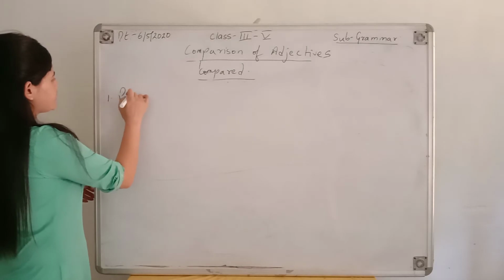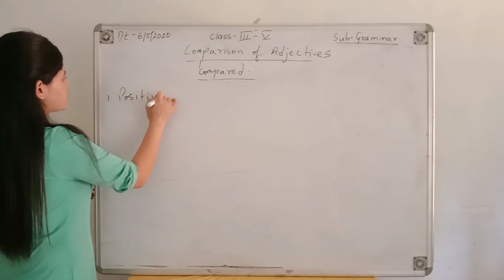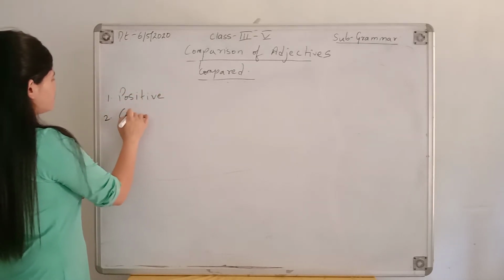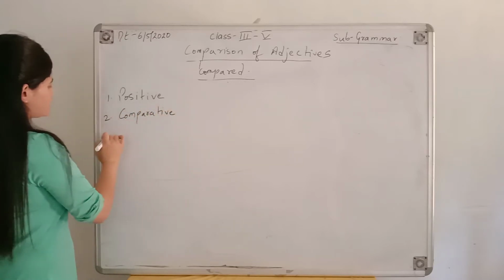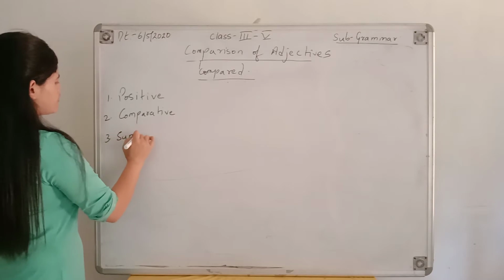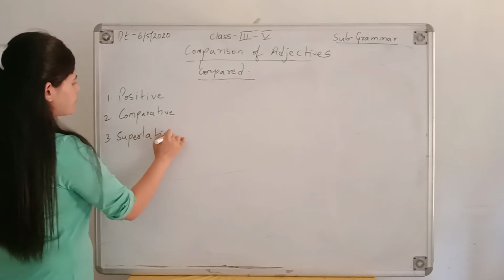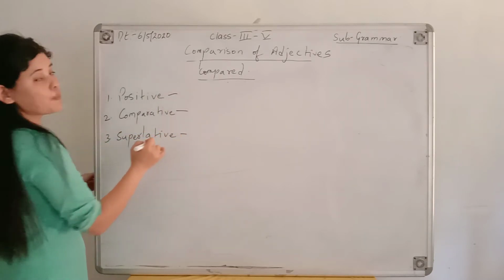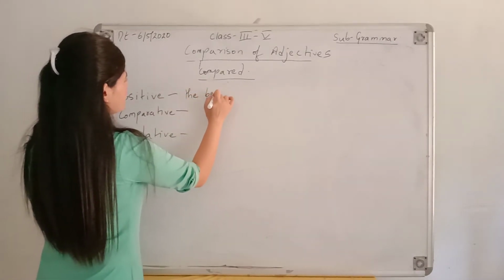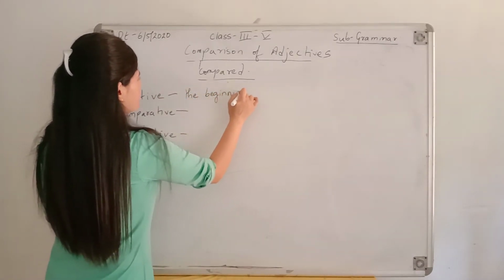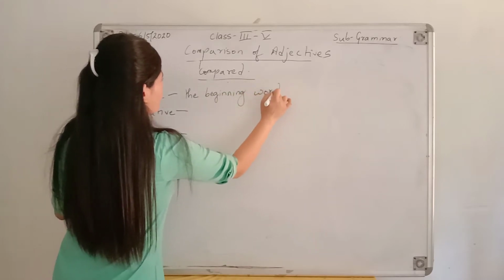Number one is positive, number two is comparative, and number three is superlative. Positive means the beginning word.